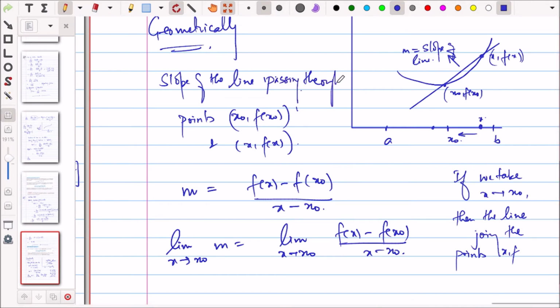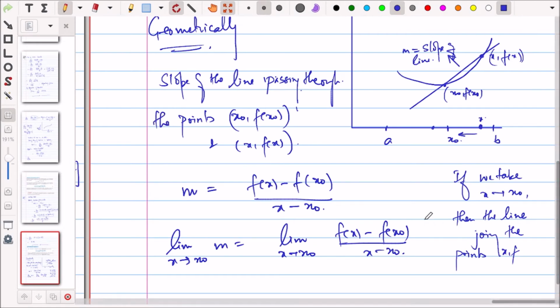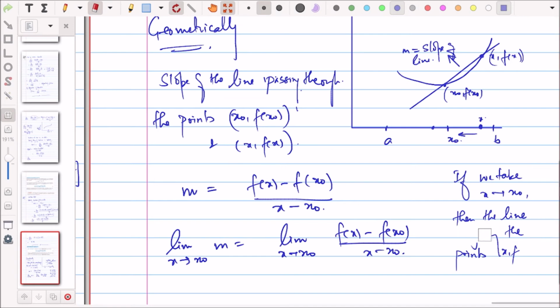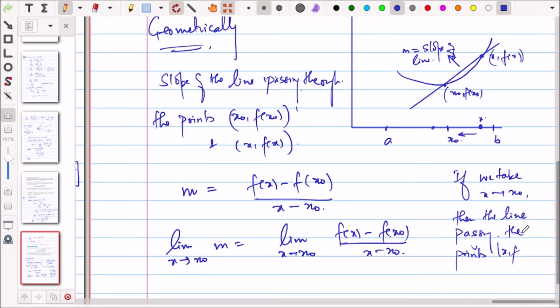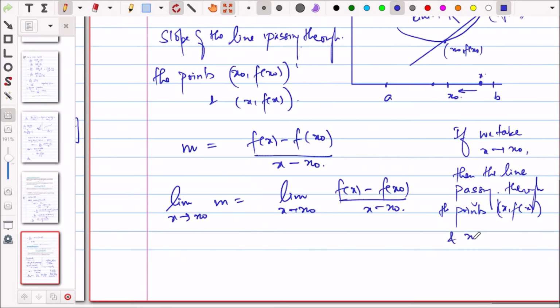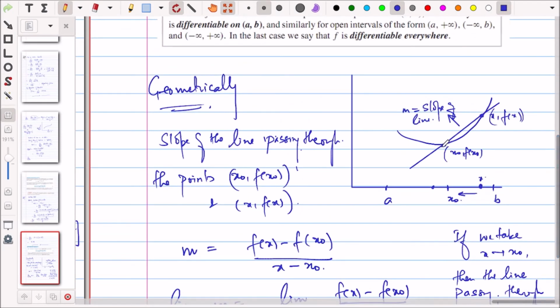The line passing through the points becomes what? What does it become? बताओ जल्दी. अगर ये x to x naught हो जाएगा, ये दोनों पॉइंट्स एक ही जगह हो जाएंगे, तो क्या लाइन बन जाएगी ये?